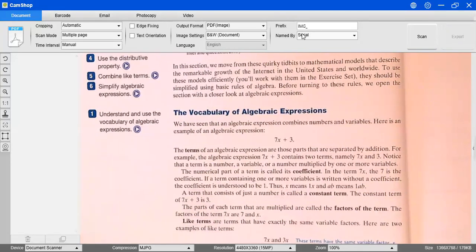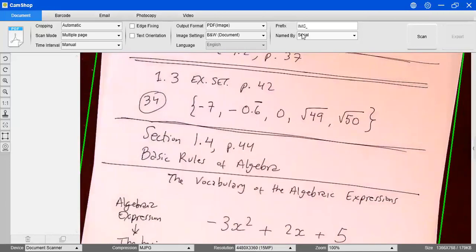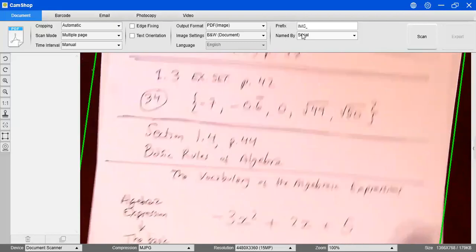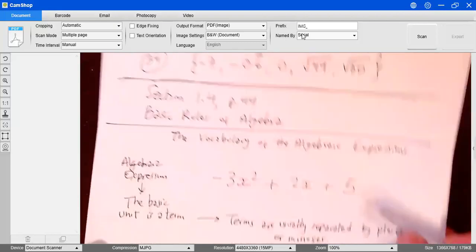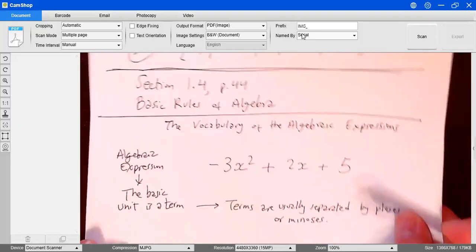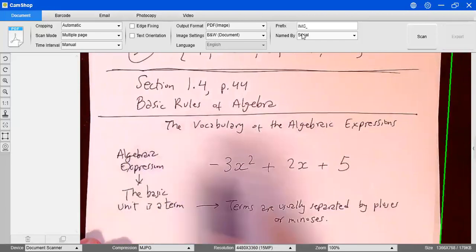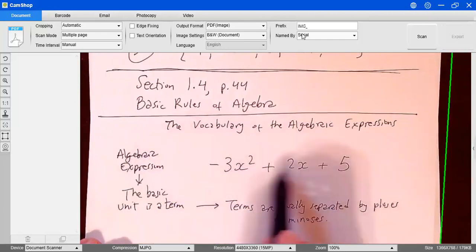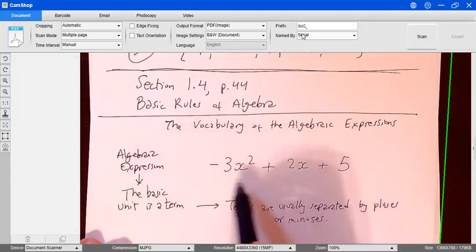So these are many words that we need to understand their meaning to be able to proceed with the next part of the course. This is important, so I'm going to write here for you. First, if you remember, an algebraic expression is something like this. There is no equal sign here, so this is not an equation.